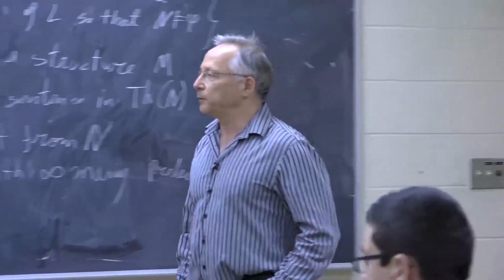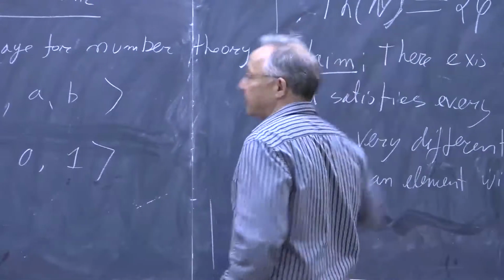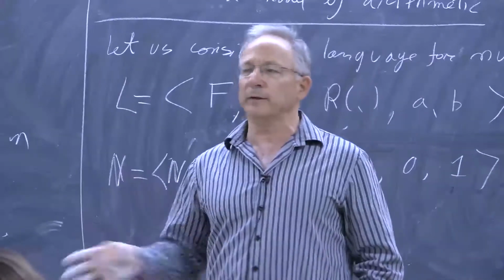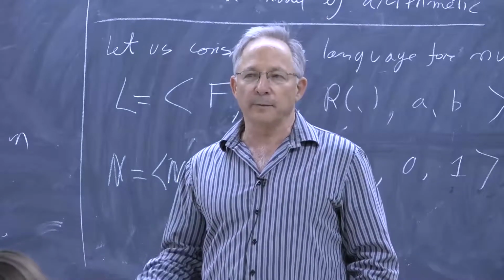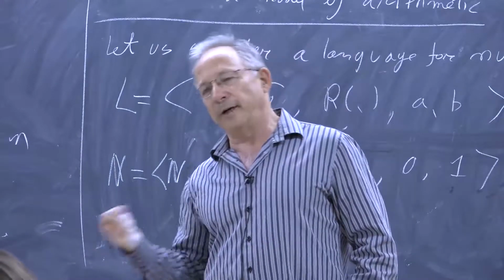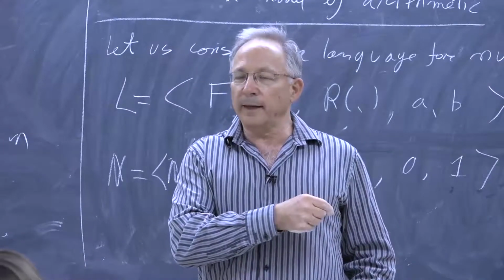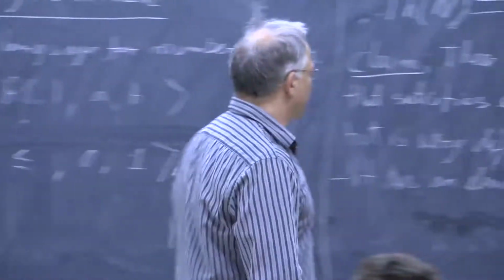So I was trying to describe the natural numbers. I wrote all the possible requirements. There's going to be a structure that satisfies all of those requirements, but is not the natural numbers, because in natural numbers, every number has only finitely many predecessors. And in this new structure M, there are going to be infinitely many predecessors to some of the elements.